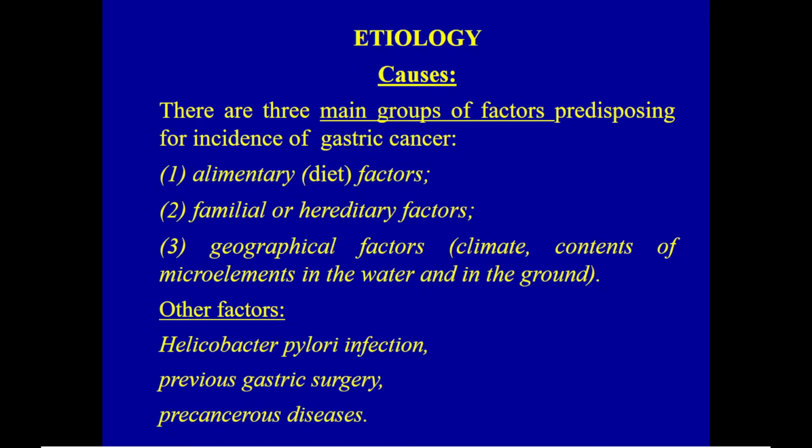Causes. There are 3 main groups of factors predisposing to the incidence of gastric cancer.